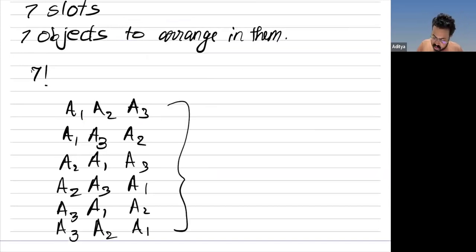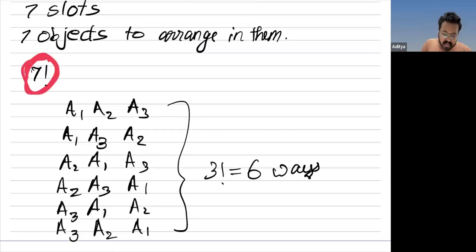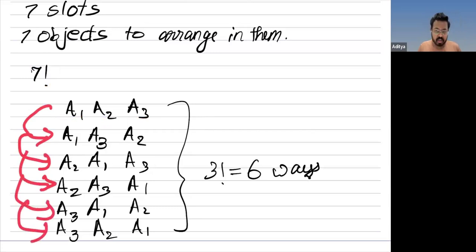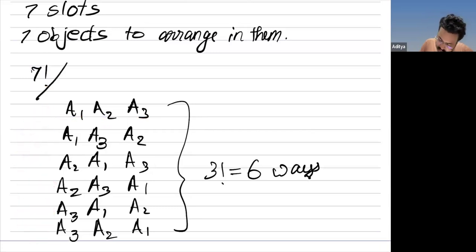Because you have 3 objects, this will be 3 factorial, equal to 6 ways. But these are all identical ways. So from your original assumption that your answer is 7 factorial, each of the ways in which A1 is ahead of A2 is ahead of A3, there will be corresponding situations where these conditions might also happen. So you'll have to divide by 6 to get rid of the multiple counted cases.